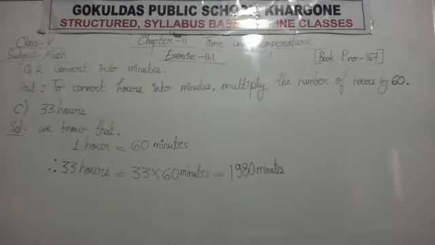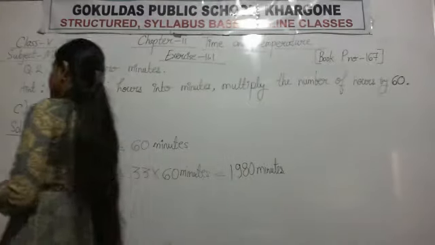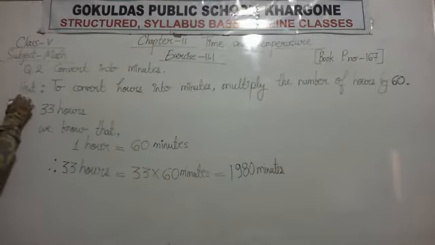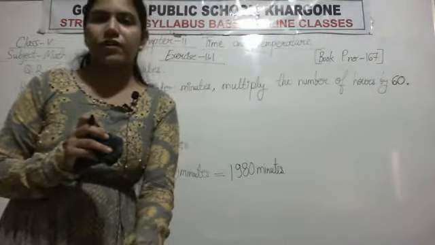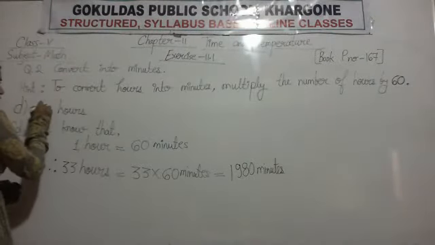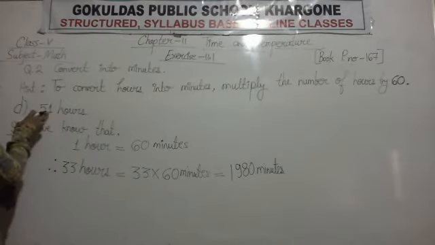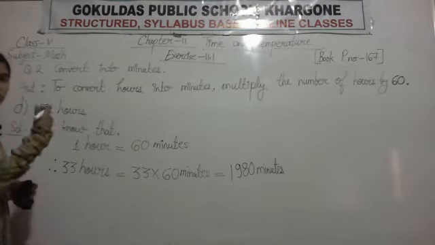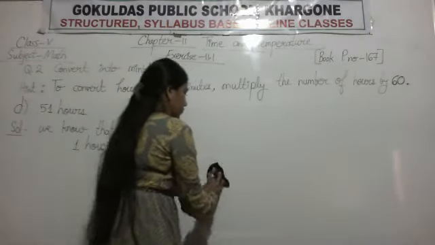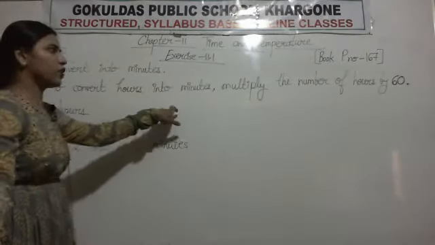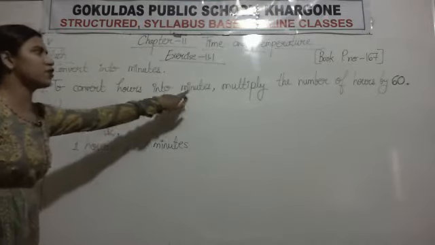Now question number D. In question number D, what is given? 51 hours given. Now we want to convert 51 hours into minutes. So according to hint, if we convert hours into minutes, what we do?